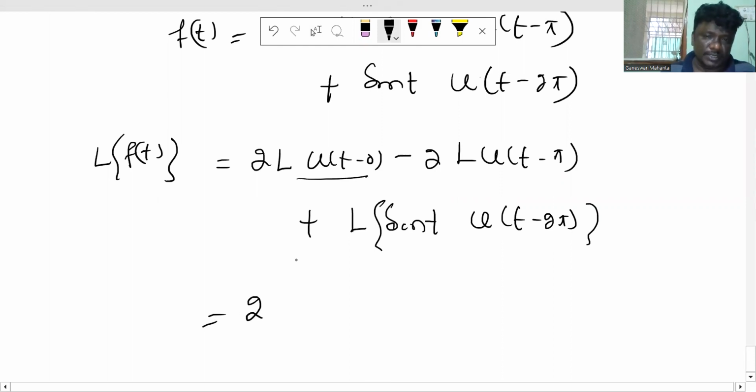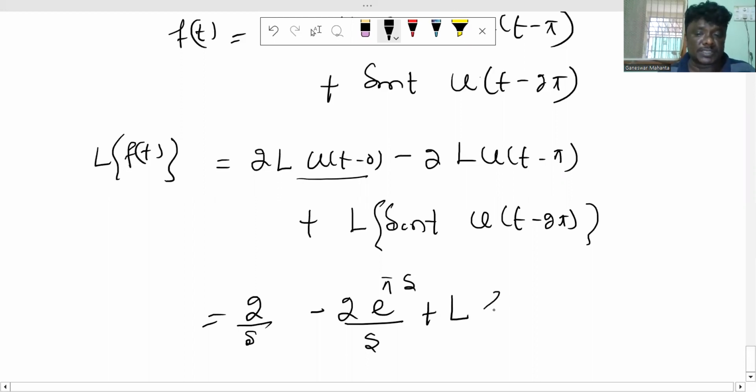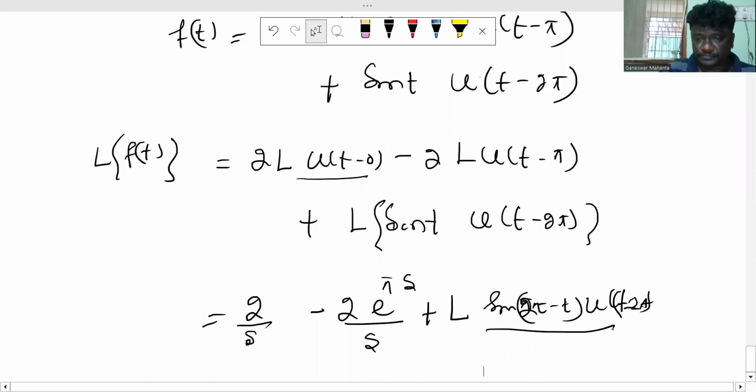The first unit step function applies here, so 2 by s comes, minus 2 e to the power minus pi s by s comes. And for the Laplace of sin t, with t minus 2 pi and u(t minus 2 pi), you can see you can apply the second shifting theorem here.